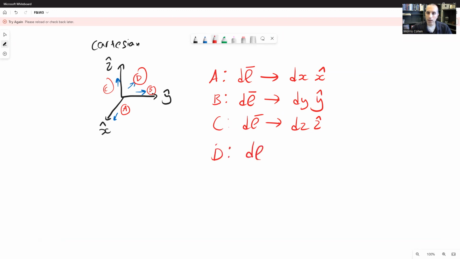In that case, dl is basically going to be a small vector, but we're going to have to divide it up equally between dz and dy. So this would be dz divided by square root of 2 in the z direction plus dy divided by the square root of 2 in the y direction.